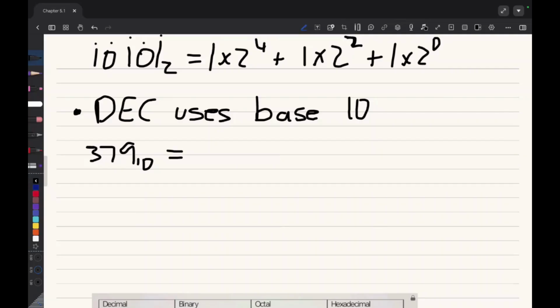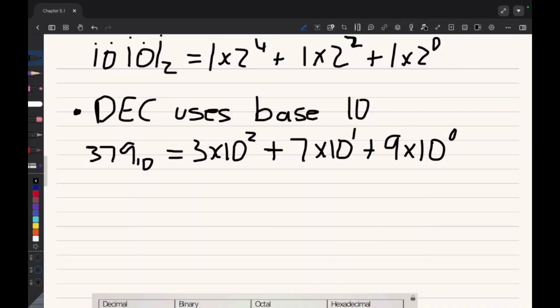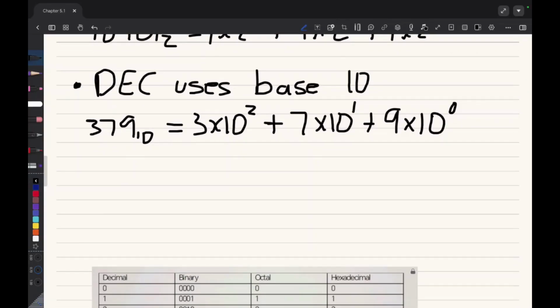It's going to be equal to 3 times 10 to the 2 plus 7 times 10 to the 1 plus 9 times 10 to the 0.